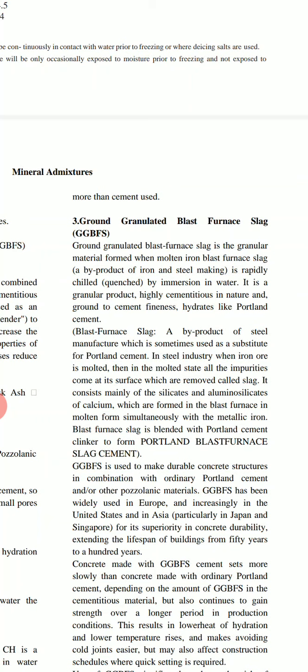We say it is a byproduct of iron or steel manufacture, which is sometimes used as a substitute for Portland cement. So it can be used as a partial replacement: whenever you are using Portland cement, some amount of it is replaced with GGBS.